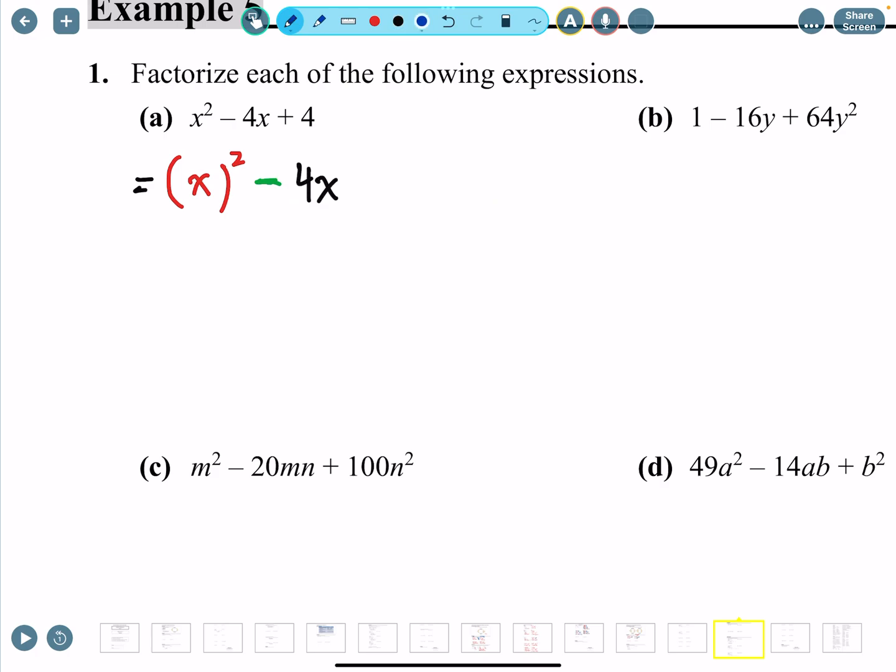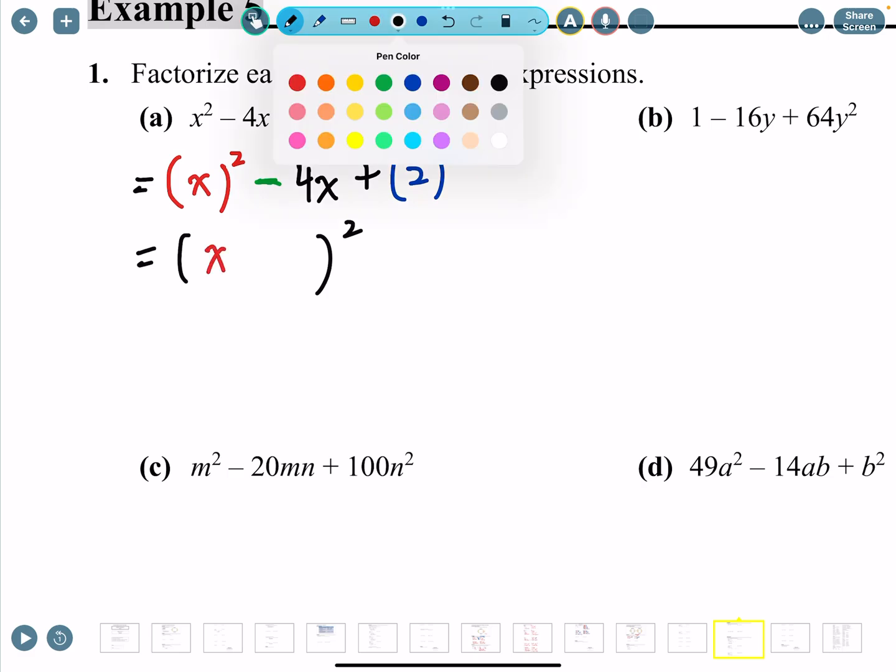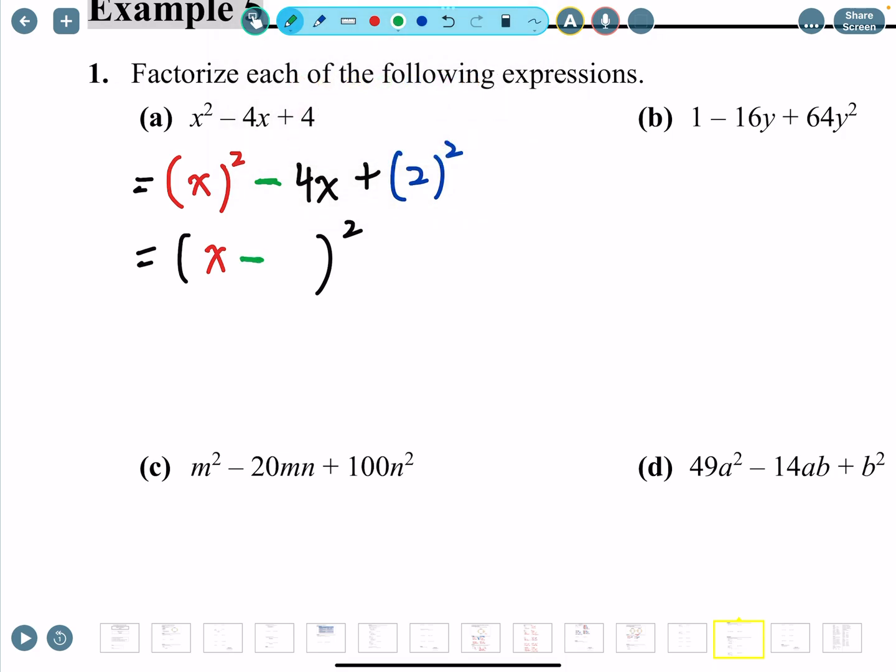Then the last one, the b, is going to be 2 squared. So a is an x, but this time we have a minus, so the middle sign becomes a minus, then we are going to have 2, okay? So don't forget to change the number into something square and write that something into this bracket. Don't go here writing 4. That's why it's very important to change it to a square first.